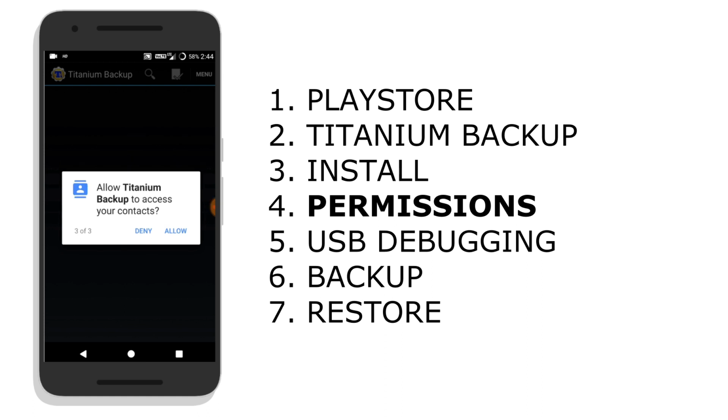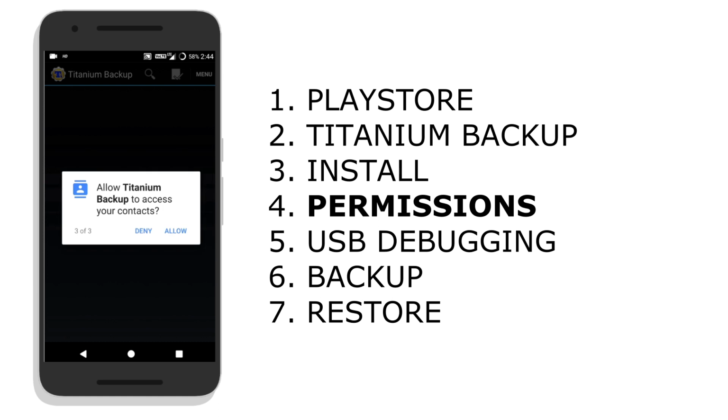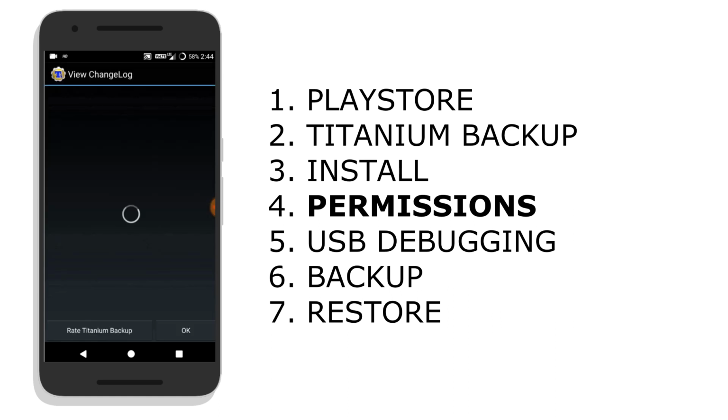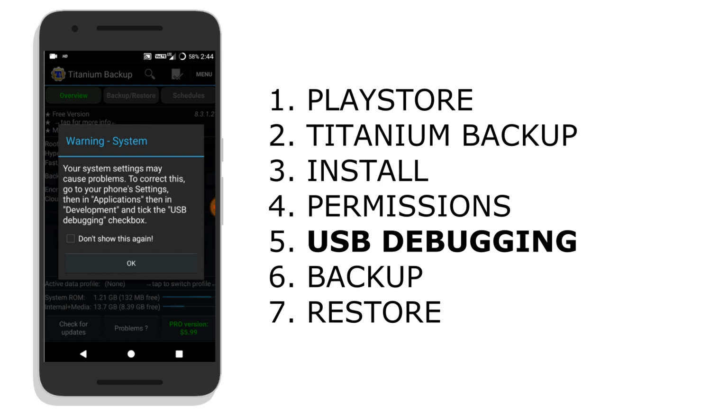Allow all the permissions to this app, including the super user permission. Now the app asks you to enable USB debugging on your phone. Enable it if you haven't already and then click OK.